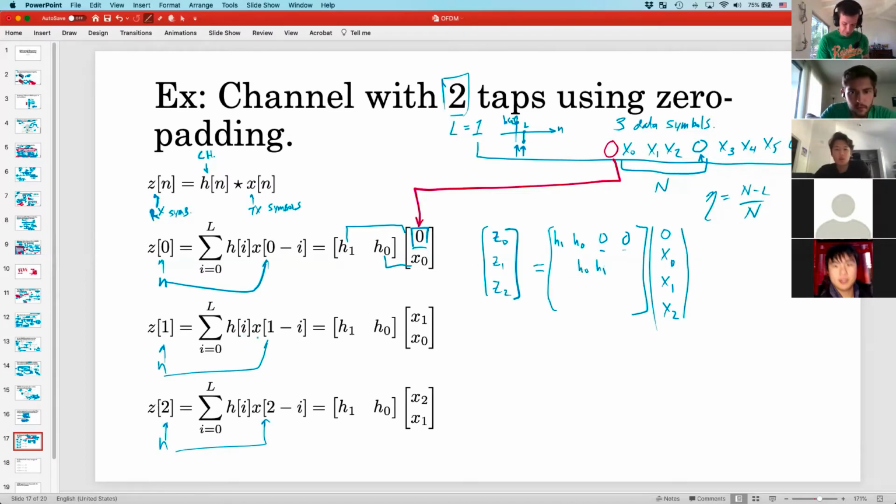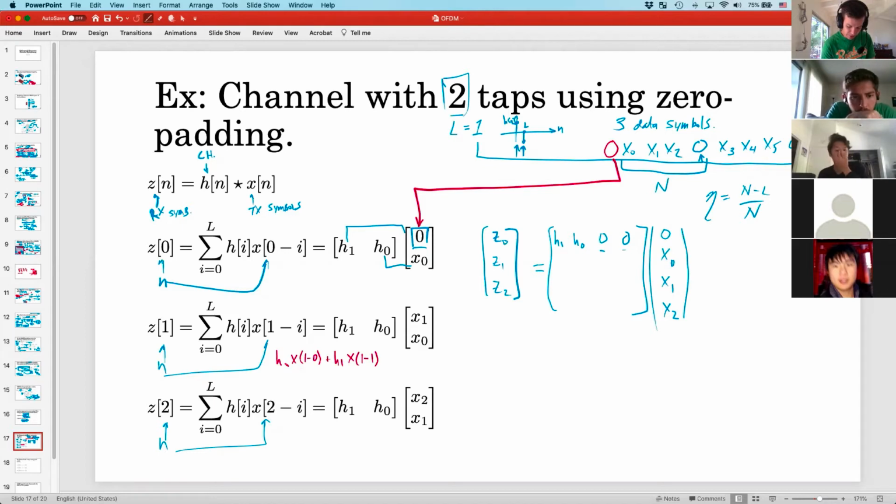So this is h of 0 times x of 1 minus 0. So that's, yeah, h. Oh, this is the problem. I thought this looked funky. There is a typo on the slides, which is not helpful. So let's write this out. This is h0 times x of 1 minus 0 plus h1 times x of 1 minus 1.